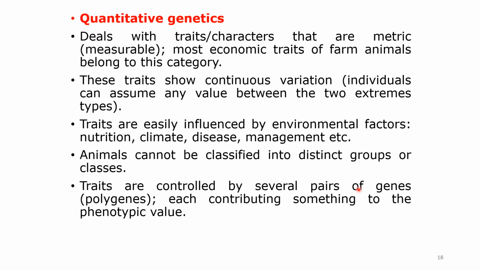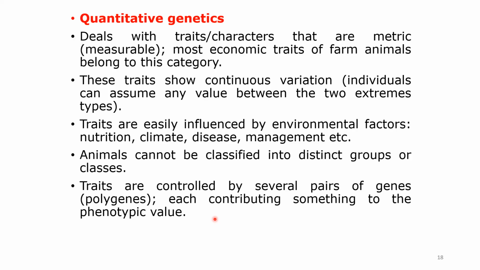And again, these traits, unlike qualitative traits, are controlled by several pairs of genes, so we call them polygenes. And what happens is that each of the genes that control these traits contribute something to the final phenotypic value of a trait. So for example, we will say that milk production in cows is controlled by several genes.